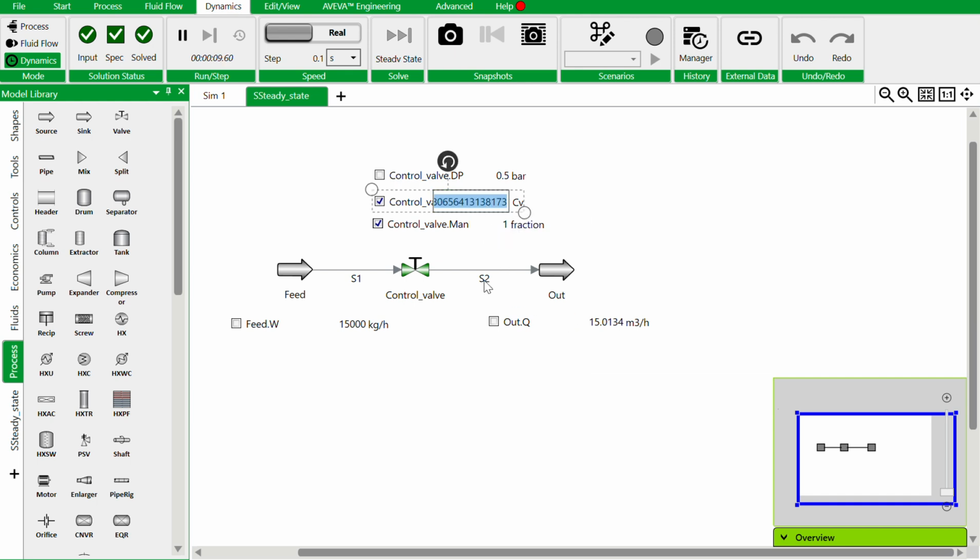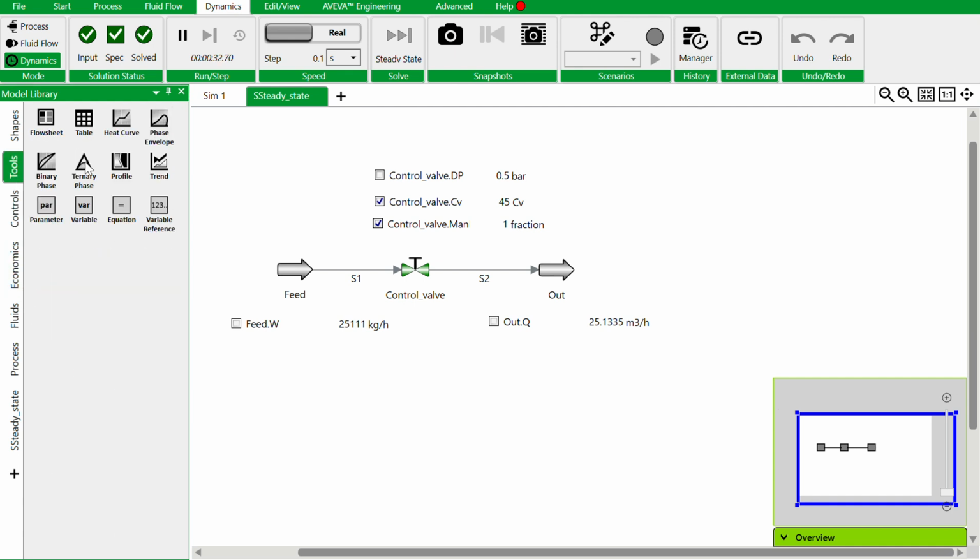If we change that CV from 26 to 45, then it will change the flow rate according to that selected CV. So you can check the graph or trends of control valve CV versus the flow rate. You can check from here, trends.